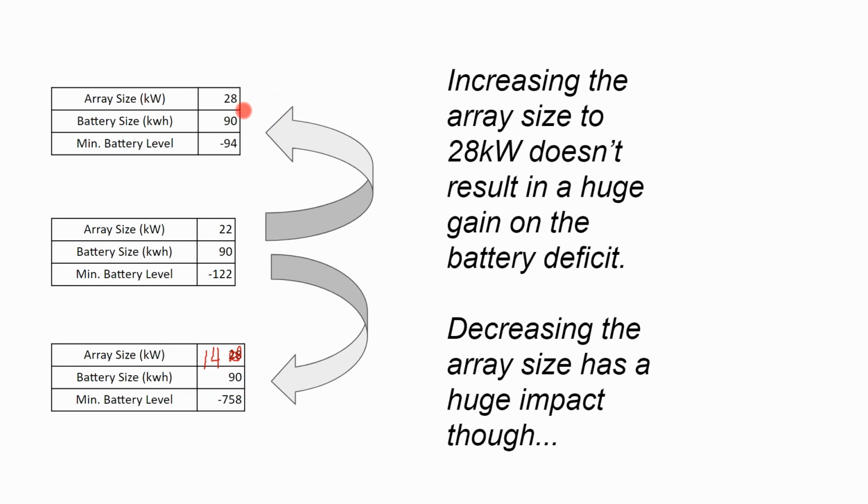Maybe 28, only if you have the extra budget, but it probably would be best just to spend that on increasing your battery size. And then you increase your battery size until this number's no longer negative. And then you might adjust to assume a little bit of generator use. But, you know, again, the goal with a generator is to not need to use it at all.